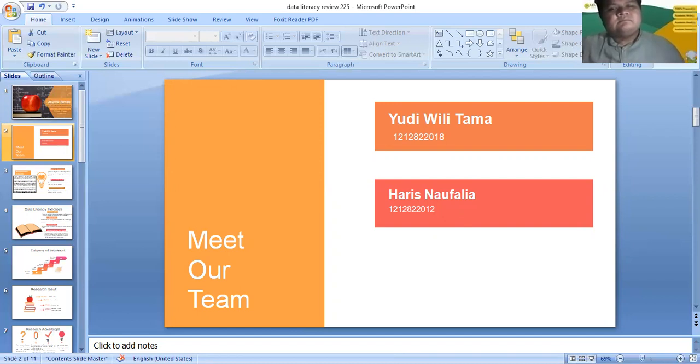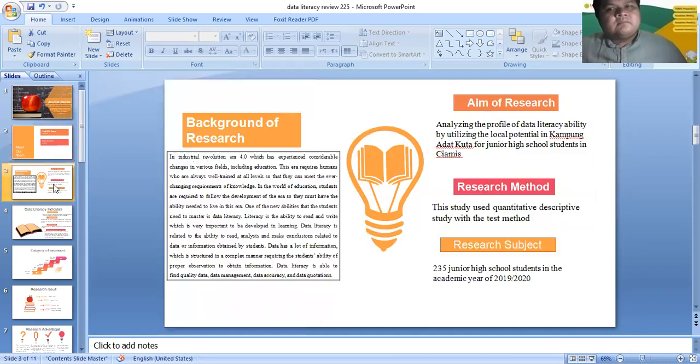Much like literacy as a general concept, data literacy focuses on the competencies involved in working with data. It is, however, not similar to the ability to read text since it requires certain skills involving reading and understanding data. Next, we move to the background of the research.